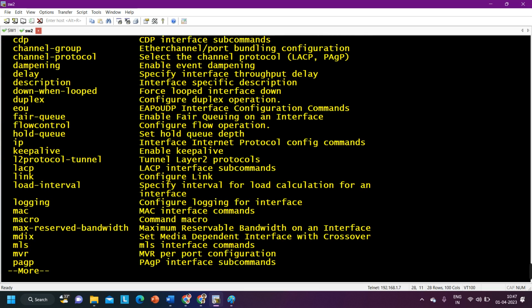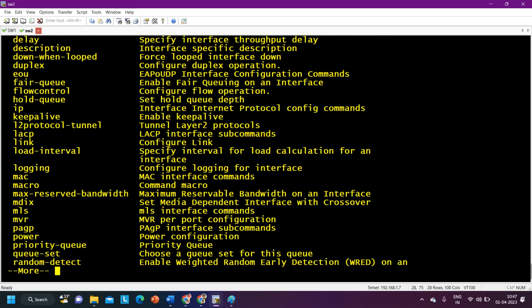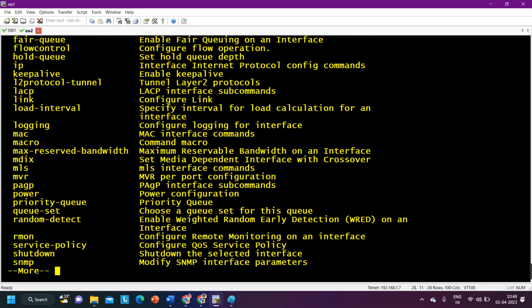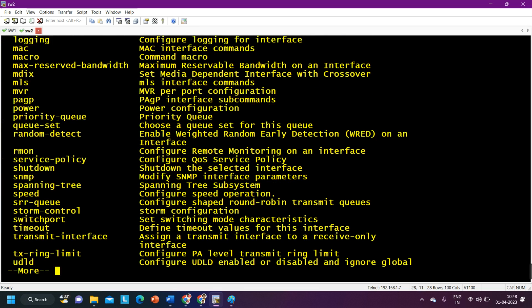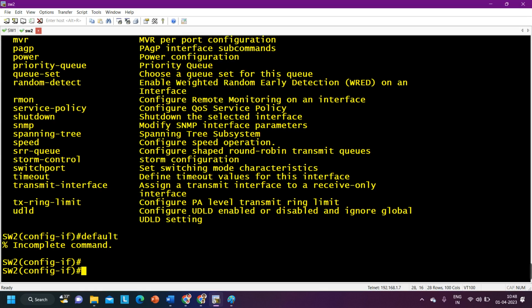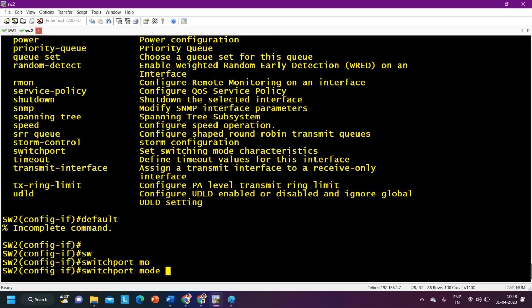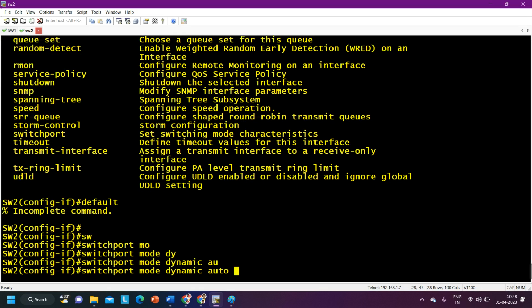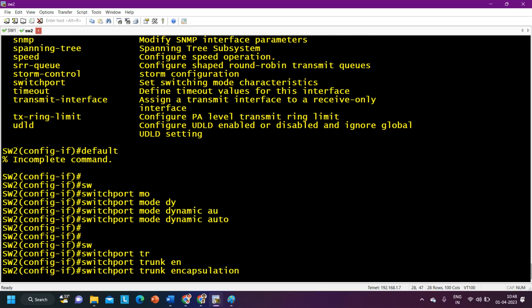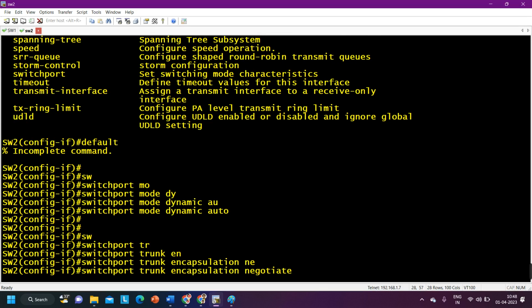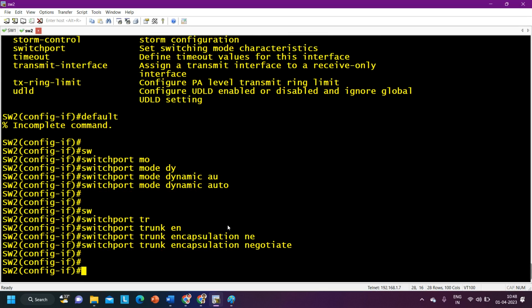Default interface. Okay, switchport mode dynamic auto, fine. Switchport trunk encapsulation negotiate, okay. I have configured the default configuration, yes or no, and on switch number 2 also I am going to do the same.